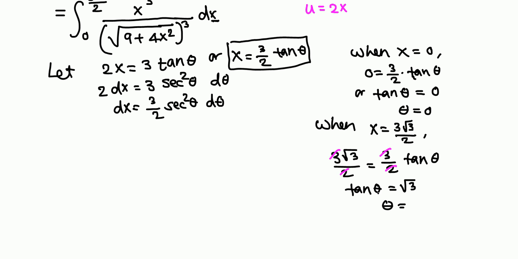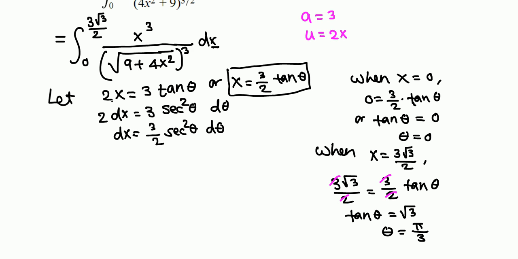Tangent of pi over 3, tangent of 60 degrees, but we have to go for radians, so tangent pi over 3 is root 3, so theta is pi over 3. Then this integral now becomes 0 to pi over 3.